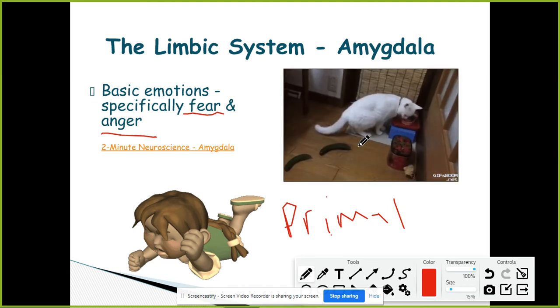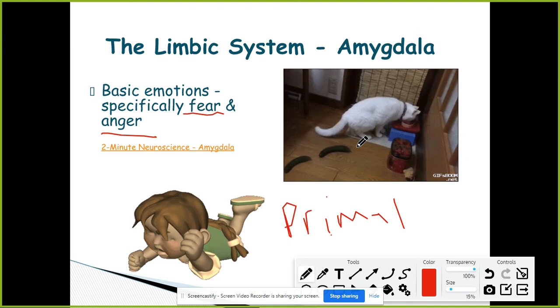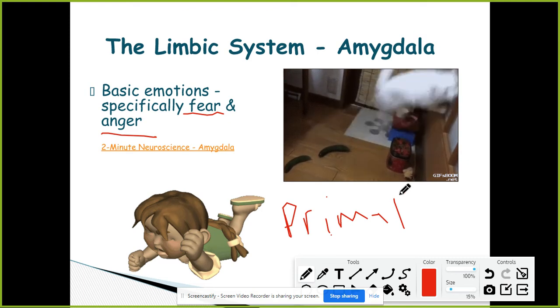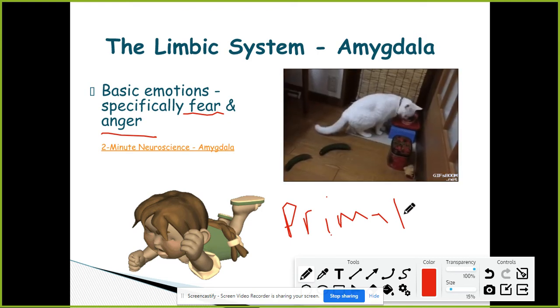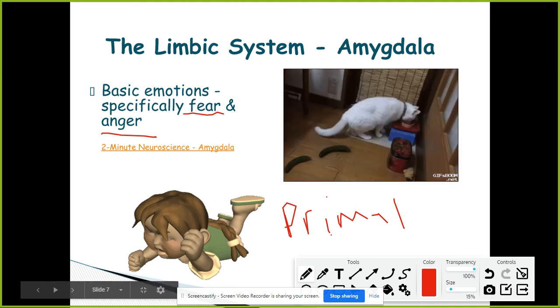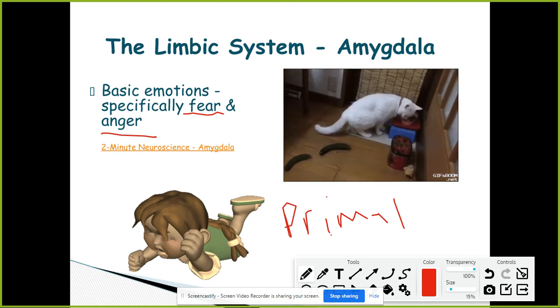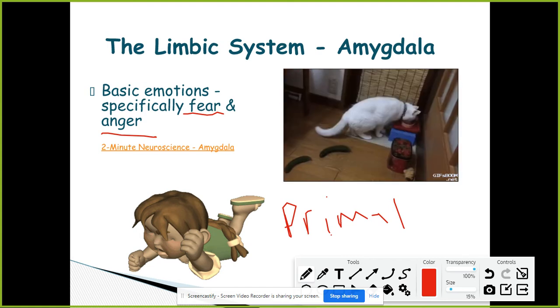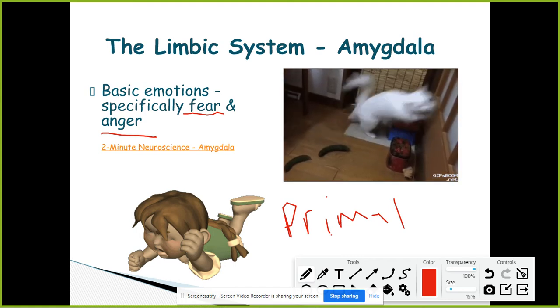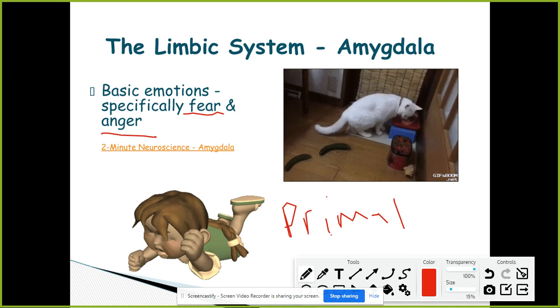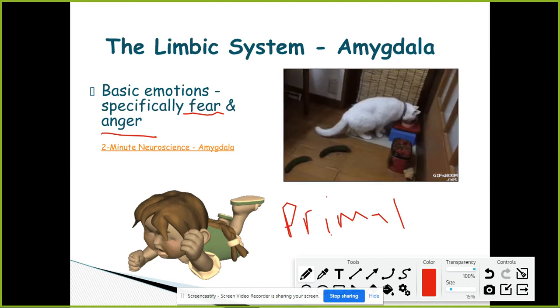How many of you have gotten mad about something and you knew that you shouldn't be as mad as you were about it, but you also just felt like you had no control over it? Like you're overcome with anger and you're like, this is kind of irrational, but I'm really pissed off right now.